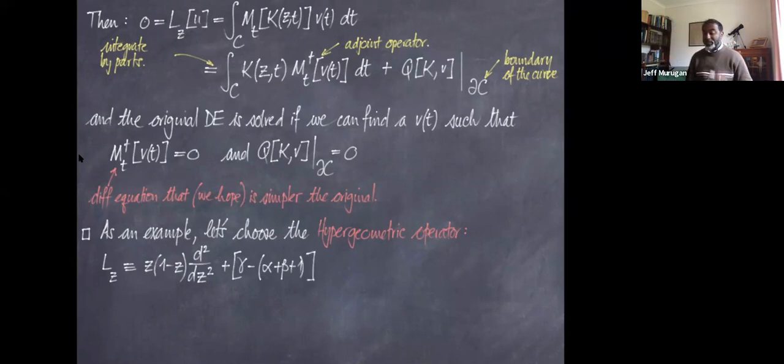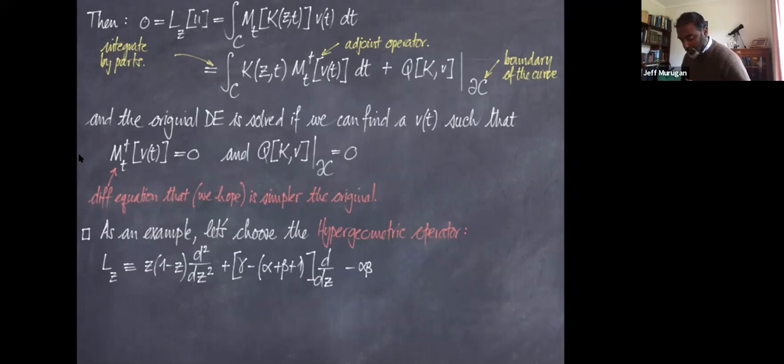So depending on the particular differential operator we're looking at, there's a particular choice of alpha, beta, and gamma. And these form the coefficients of the first derivative operator, d by dz, minus some constant piece, alpha beta, like that. Okay, so this is what's known as the hypergeometric operator.